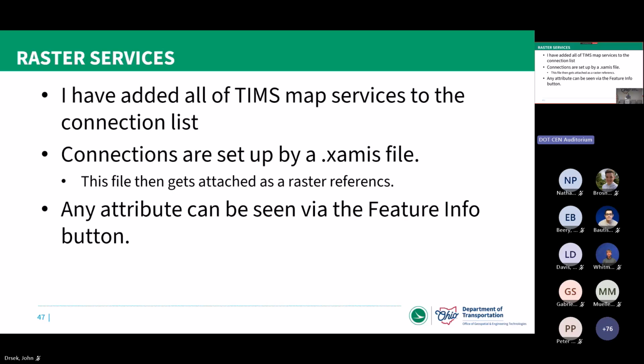So when you go to connect to raster service, it's going to create this file and you're going to attach that file. So you can still see all the attribute data if there were feature info on that feature class. So I'm going to show that.